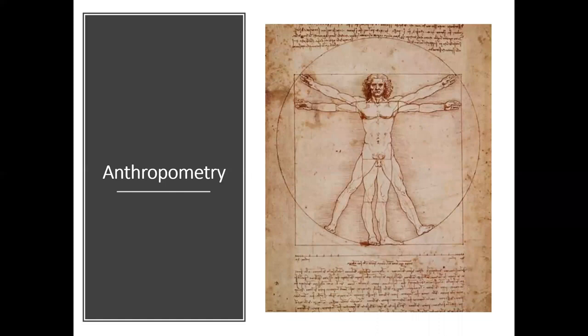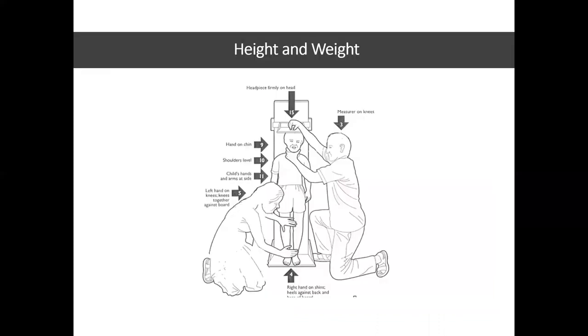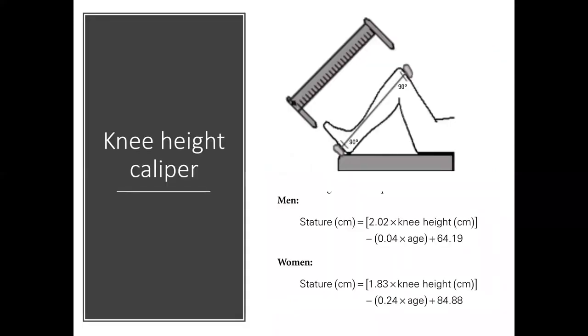Anthropometry is to measure the height and the weight of a patient, and this is very important to estimate the body mass index, which is an index of body composition.